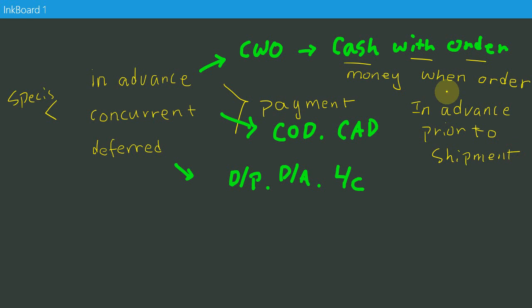So in this case, the buyer should wire funds prior to the product being shipped, right? So this is the most disadvantageous condition for a buyer.